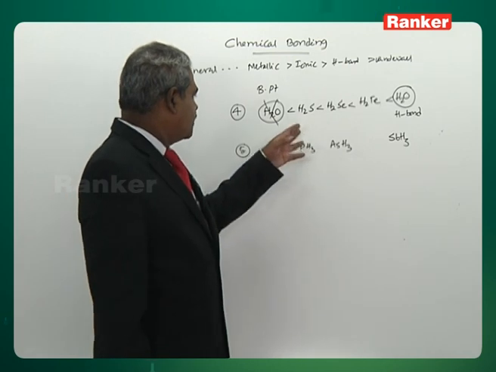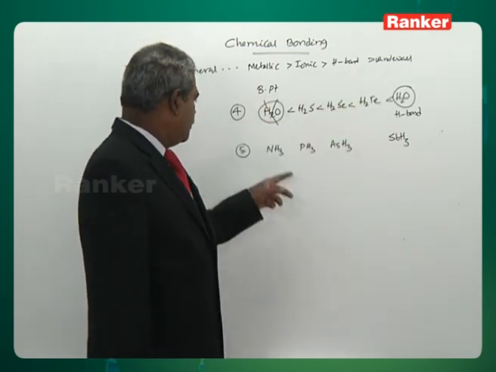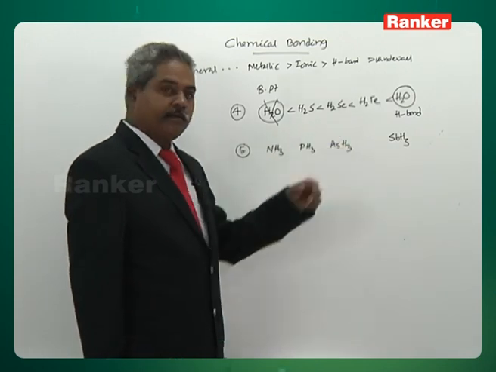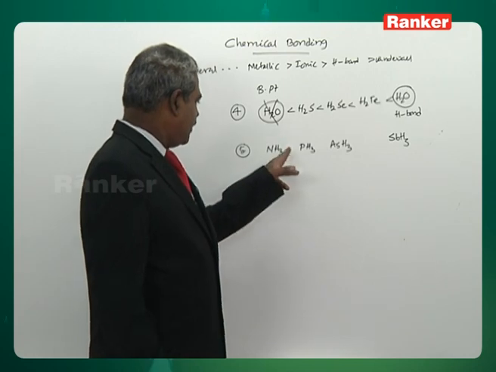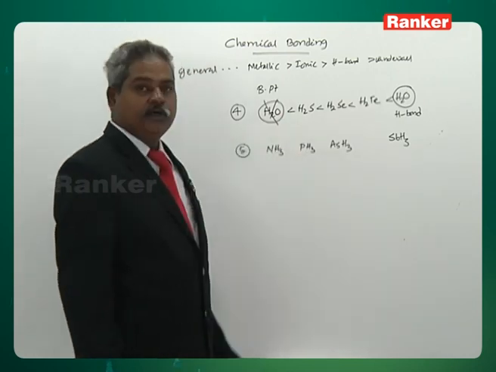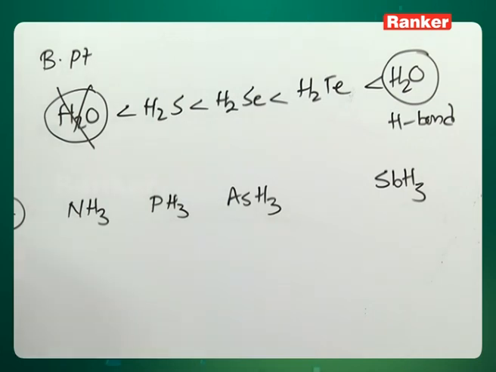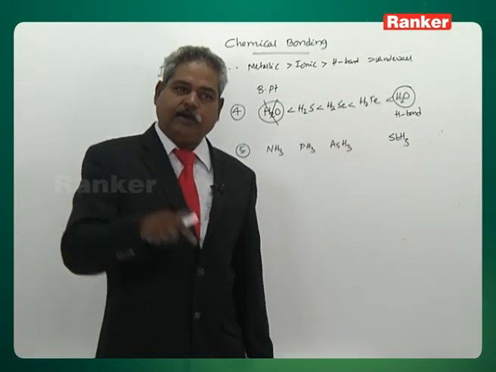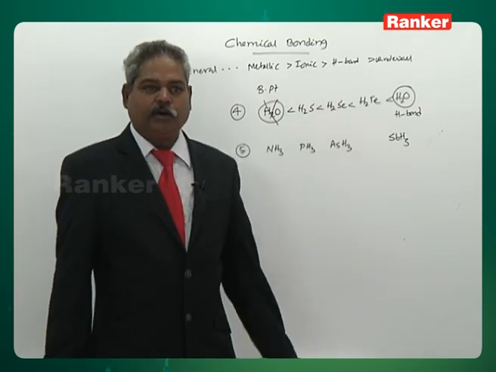All these are hydrides. Hydrides of 6th group, oxygen, sulfur, selenium, tellurium, nitrogen, phosphorus, arsenic, antimony. So, compounds formed by hydrogen and elements of 5th group, 6th group, 7th group. Once again they depend on intermolecular forces, which depend on whether they have hydrogen bond or not, whether they have ionic bond or not.